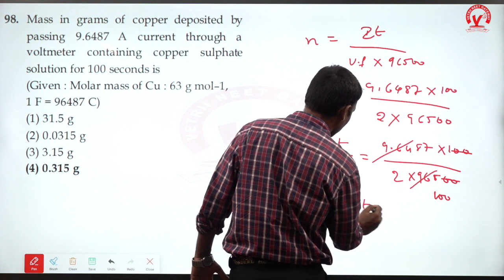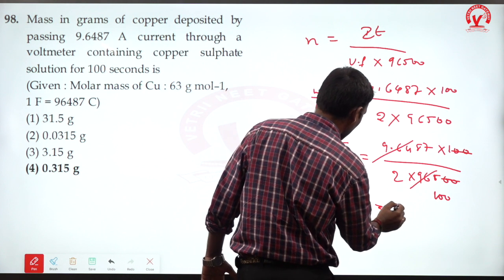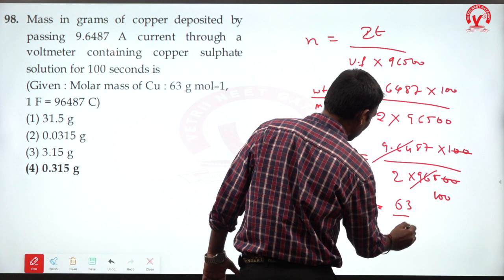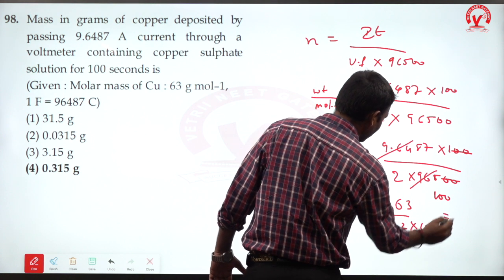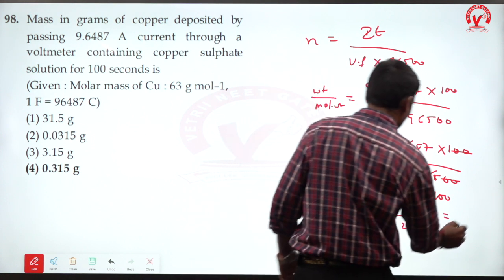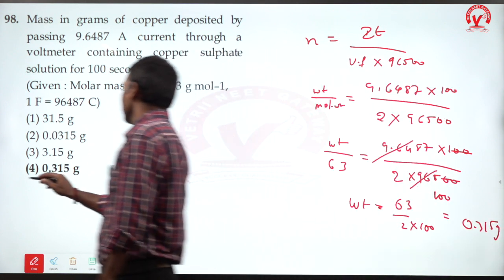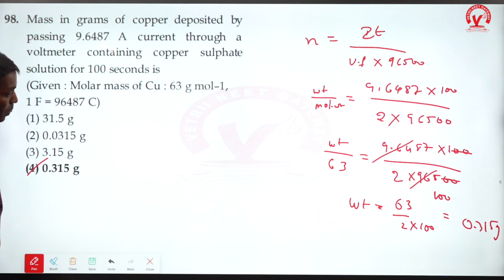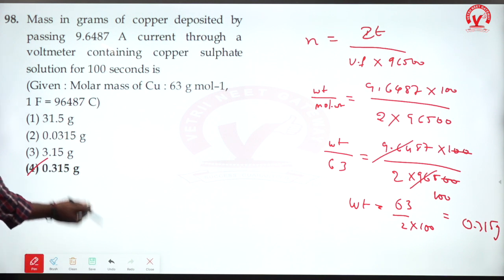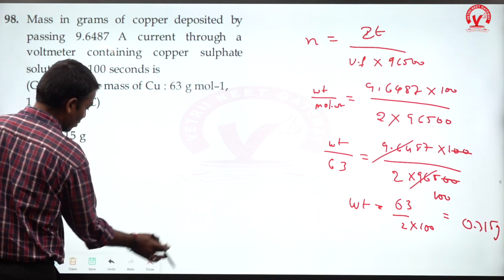From here weight is equal to 63 divided by 2 into 100, which is equal to 0.315 grams we will get, right? So that is Faraday's first law, using which we can solve this formula, right? Then move on to the next question.